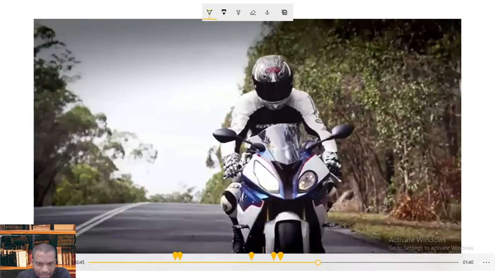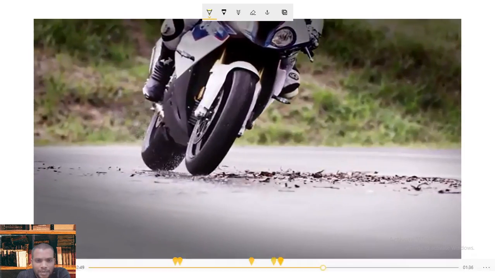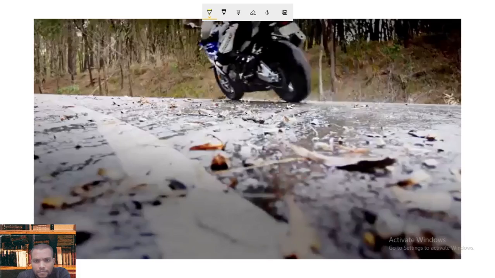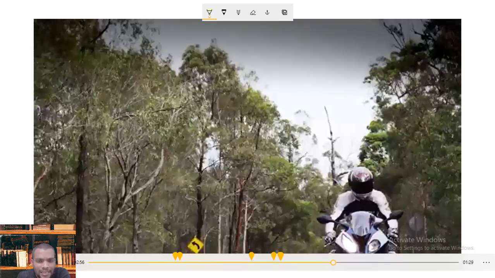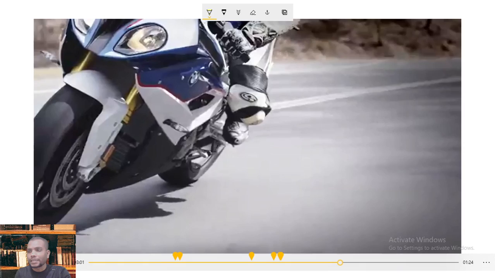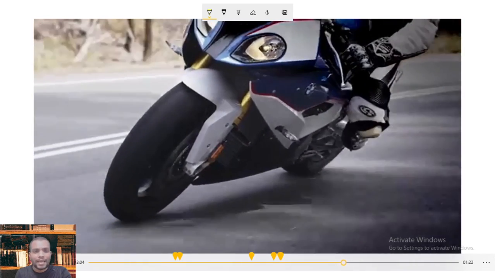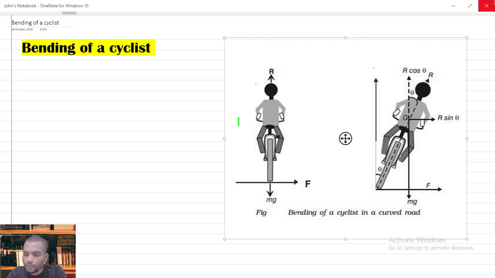Moreover, it's common sense that the friction supported by the road also matters while we are dealing with circular motion. Let us try to derive an expression for the bending of a cyclist. When a cyclist goes around a curved path, a centripetal force is required because of the curvature.